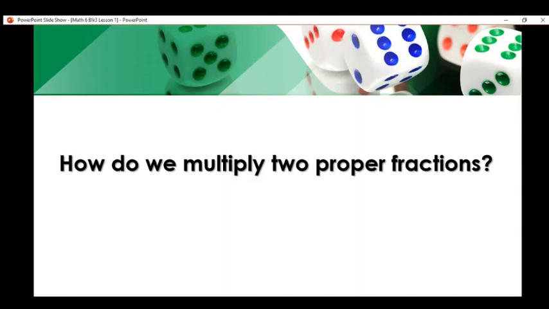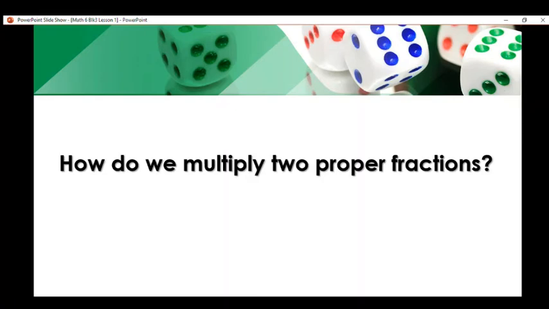Then we write the prime factors of the numerator and the denominator and cross out the prime factors that are common to both. Then finally, we multiply the factors left to get the product in its simplest form.